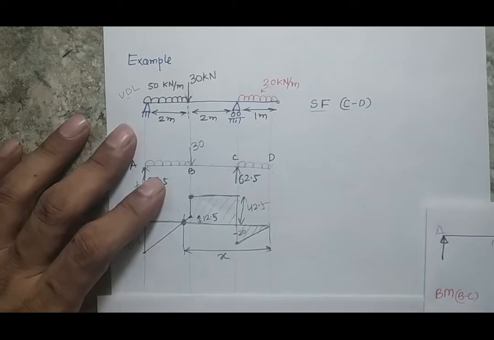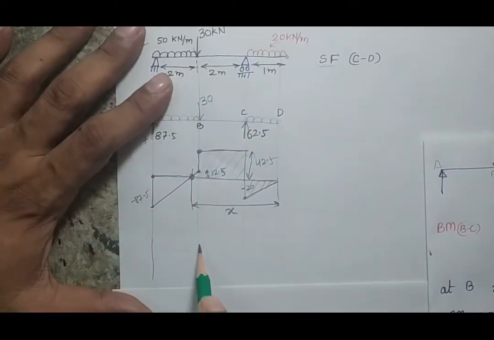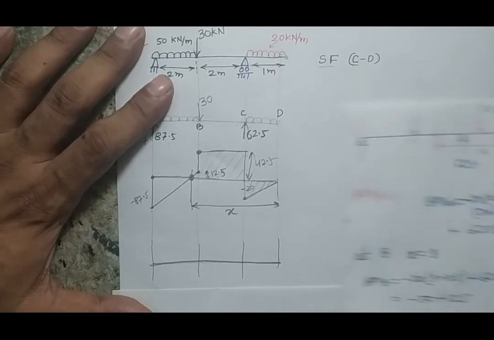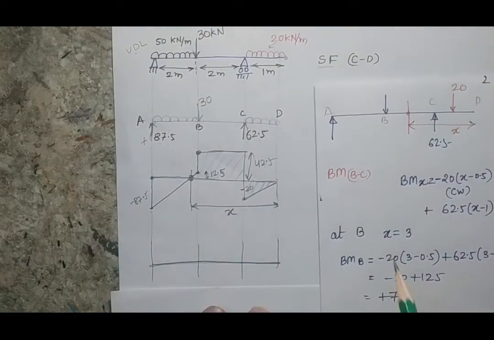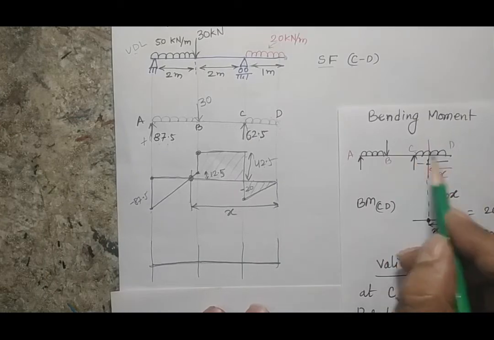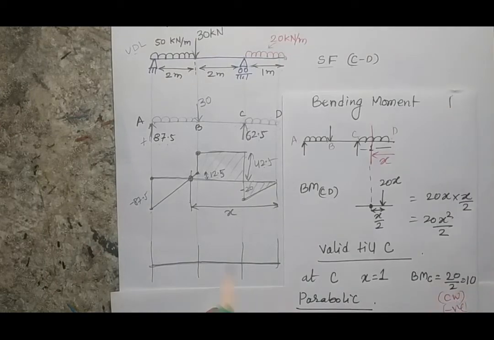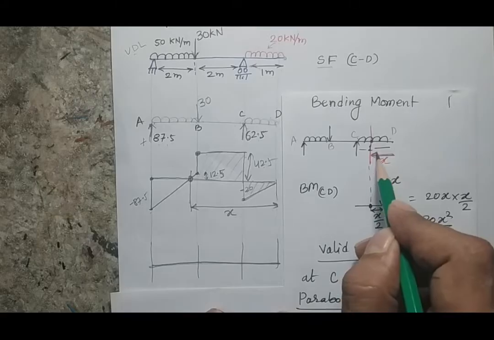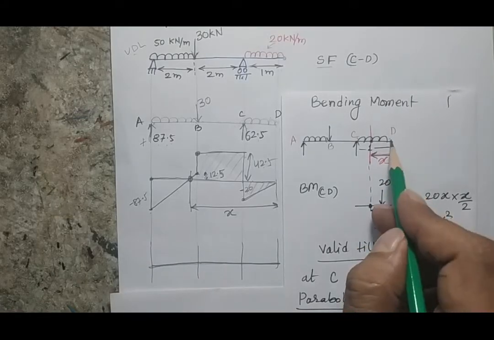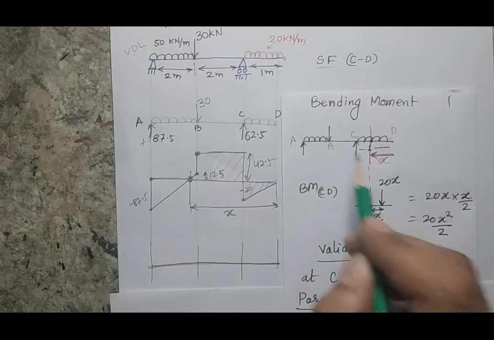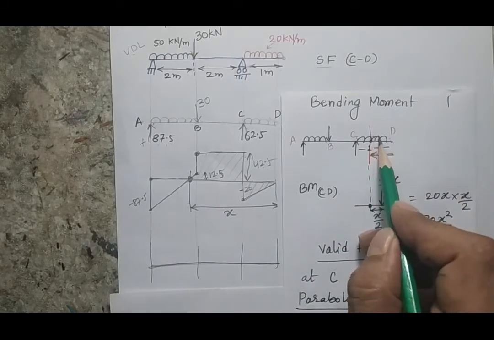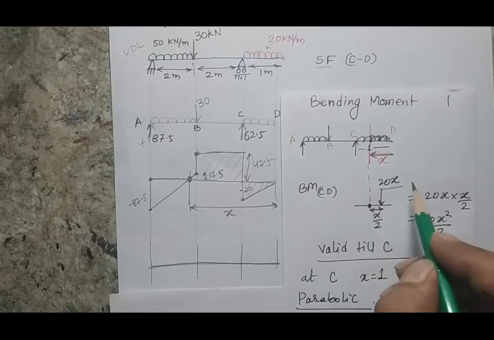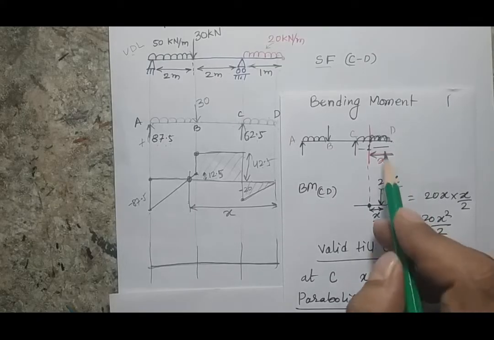So now for making the bending moment, again I'm assuming this is my beam, and I will start the bending moment for the region C to D. As I calculated previously for the shear force, I am assuming a point x here, and for this x length I am writing the equation for the bending moment, and this equation will be valid till point C, from D to C. You know this is your uniformly distributed load, and we have seen that the uniformly distributed load will first convert into a point load of magnitude 20 into x, and the force will act at the center of this length.